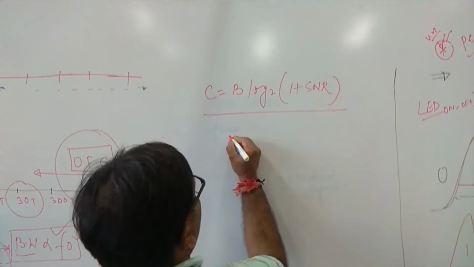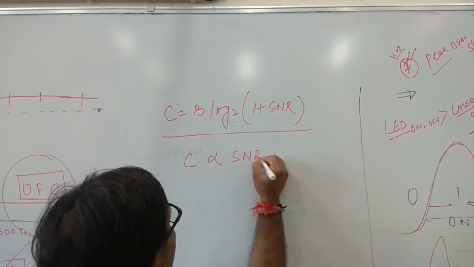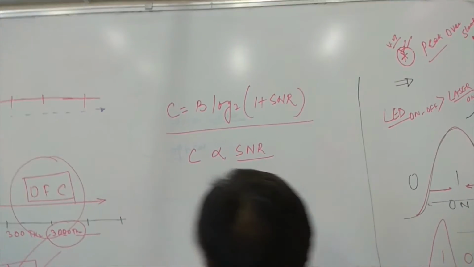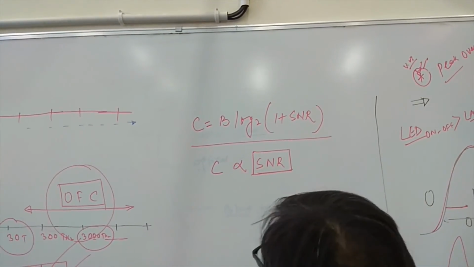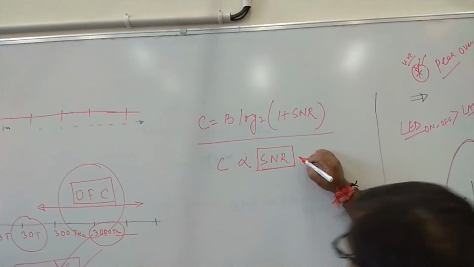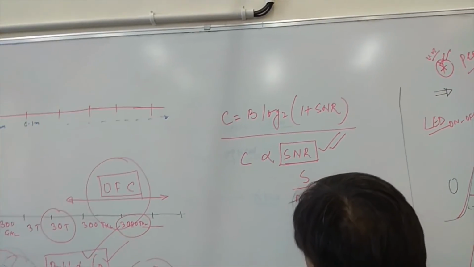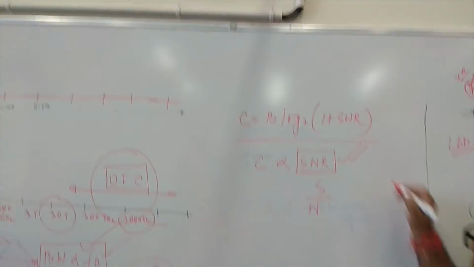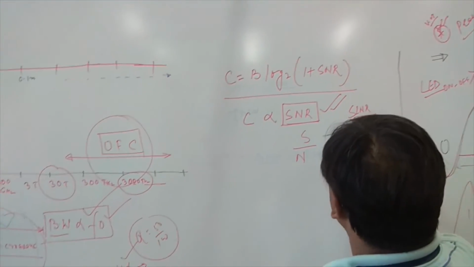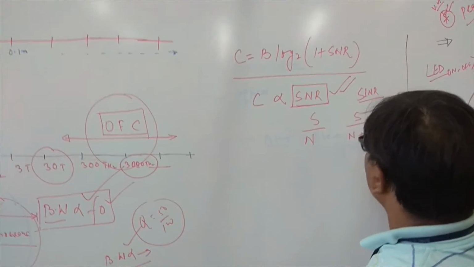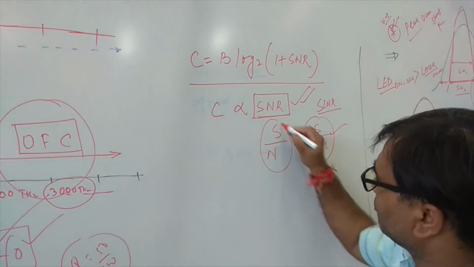So channel capacity is directly proportional to SNR. So the second concept related with the optical fiber is SNR. SNR should be high, signal to noise ratio, right? Sometimes SINR will also be referred to, that is signal to noise plus interference. So I will deal with it later, but here signal to noise ratio is higher.